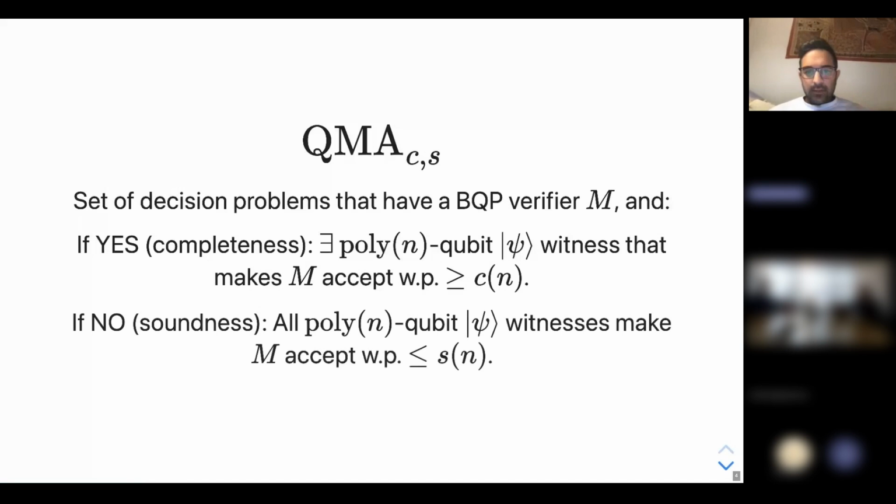In the no case, no matter what witness is sent to me, I can only accept with probability at most S. As long as C and S have some gap, usually we say C is 2/3 and S is 1/3, then this definition makes sense. In the yes case, I will accept with good probability. In the no case, I will mostly not accept.